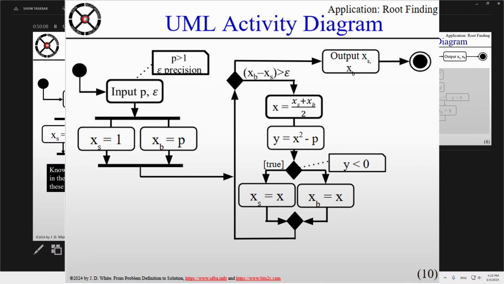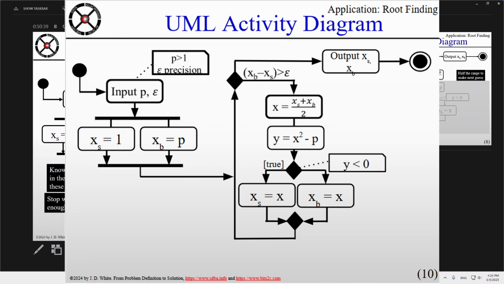So once we have this as our first guess, we can then start with our program. We first have to check: if my guess is not close enough, xb minus xs is greater than epsilon, I'm going to continue. But if I'm close enough, I want to stop, and I'm going to output xs and xb.